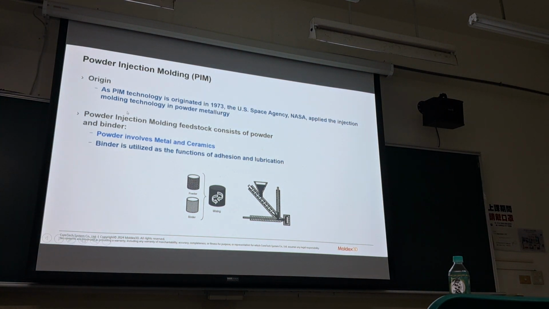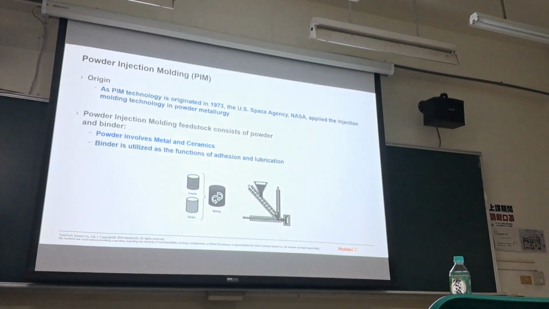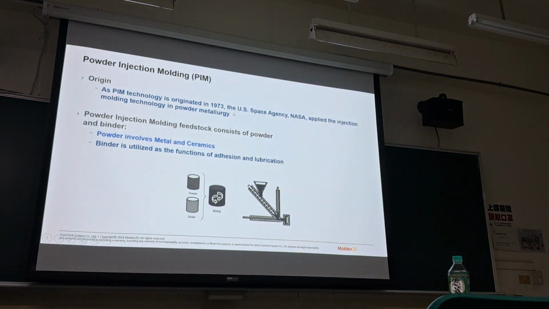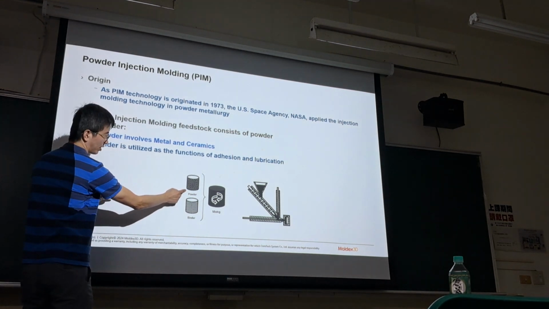So actually the powder injection molding technology was first introduced in 1973 by NASA. It combined injection molding with powder.